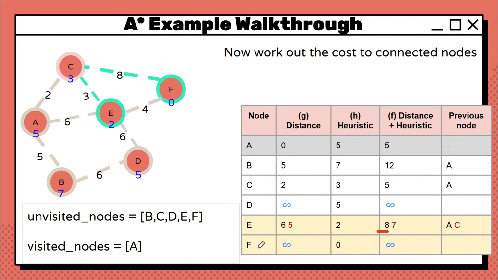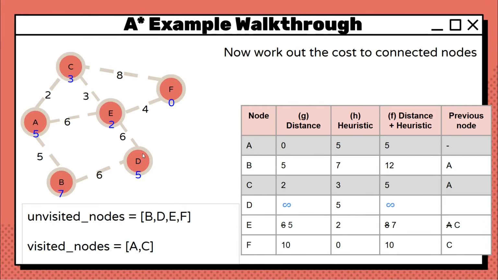So we're going to cross out the original values and replace them. The cost of C to F is going to be 2 plus 8 and then the heuristic value of 0. This is lower than the currently listed infinity, so we update this to 10. And as a result, we can now mark C as been visited.